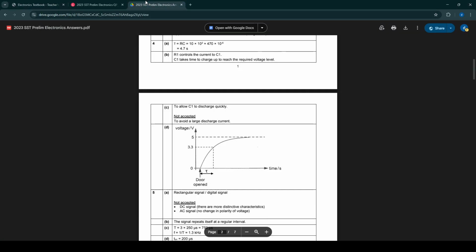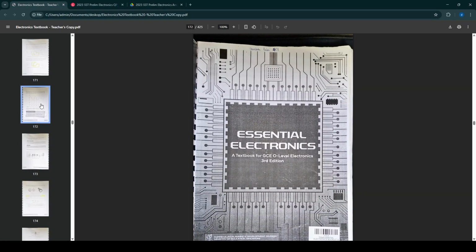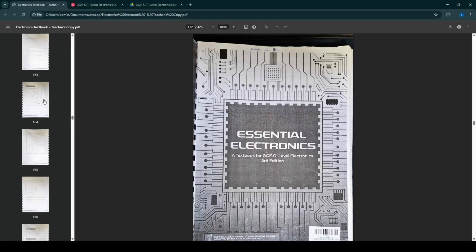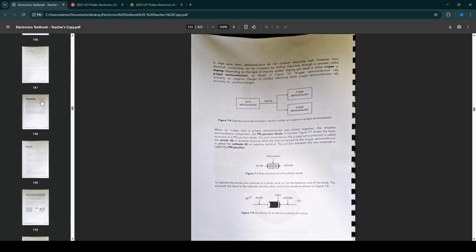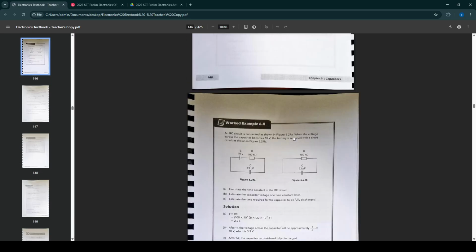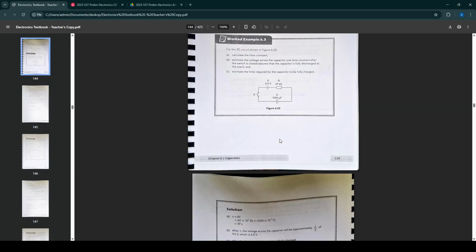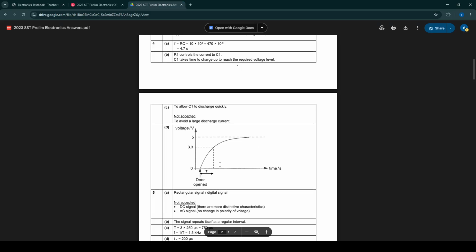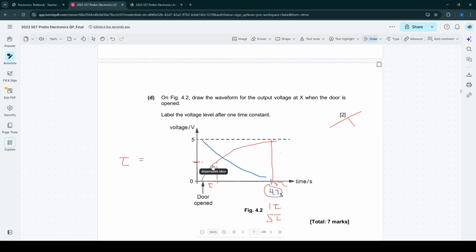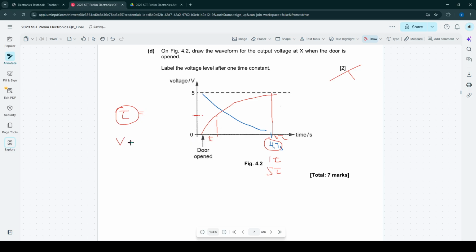There's a video for you to watch for this. Okay, so it's 2/3, yeah. After 1 tau, the voltage across the capacitor will be 2/3 the applied voltage, which is 5.